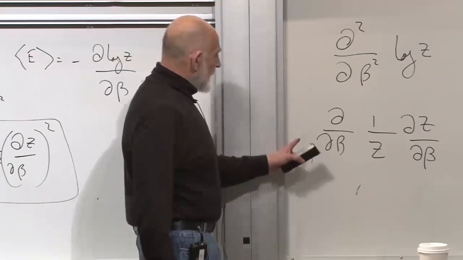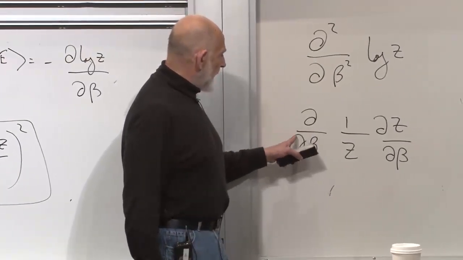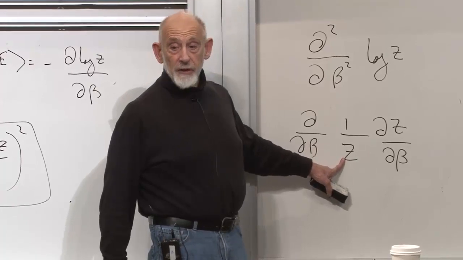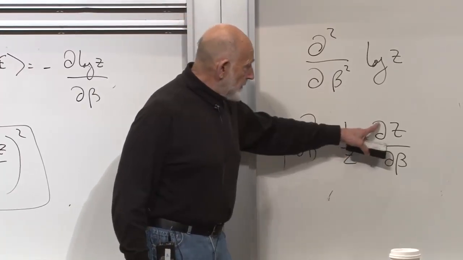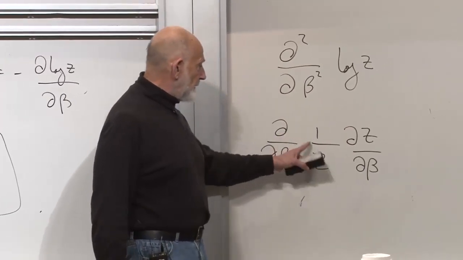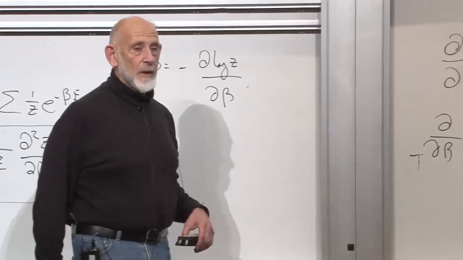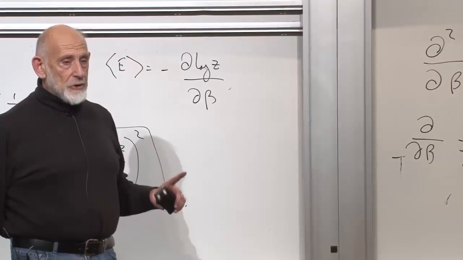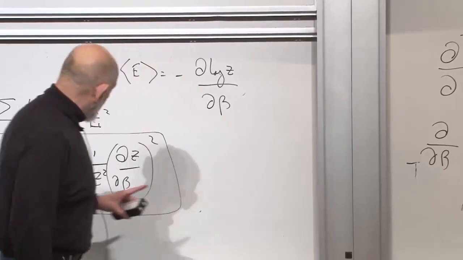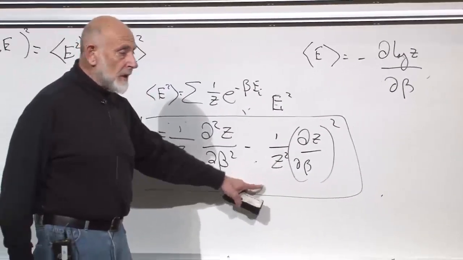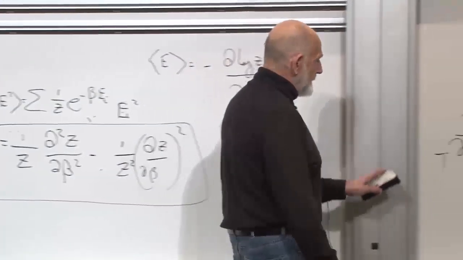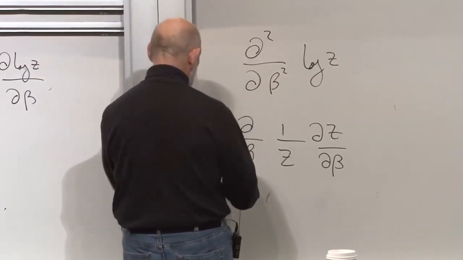The second term is obtained by differentiating the 1 over Z times dZ by d beta. What's the derivative of 1 over Z with respect to beta? Minus 1 over Z squared times dZ by d beta. Exactly this.